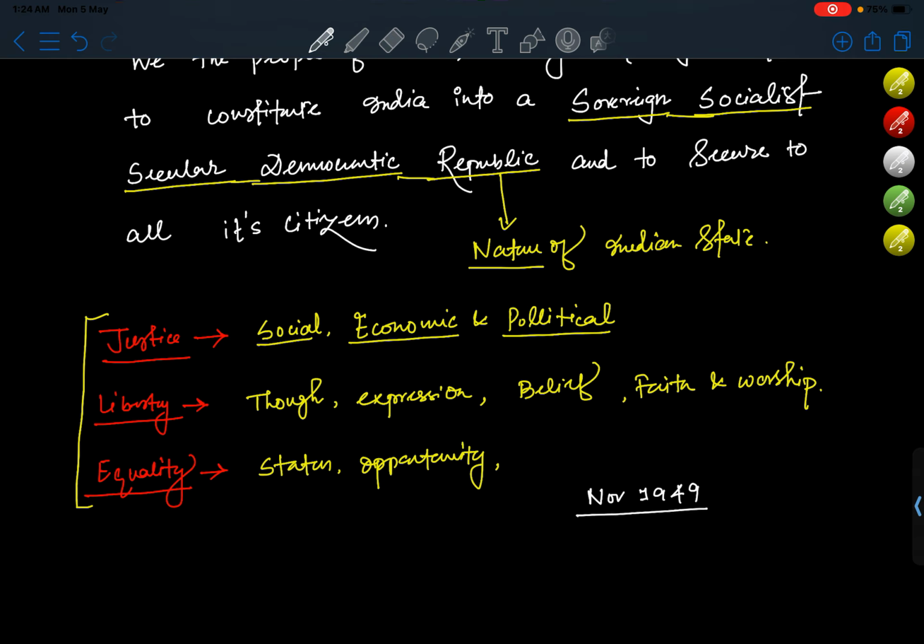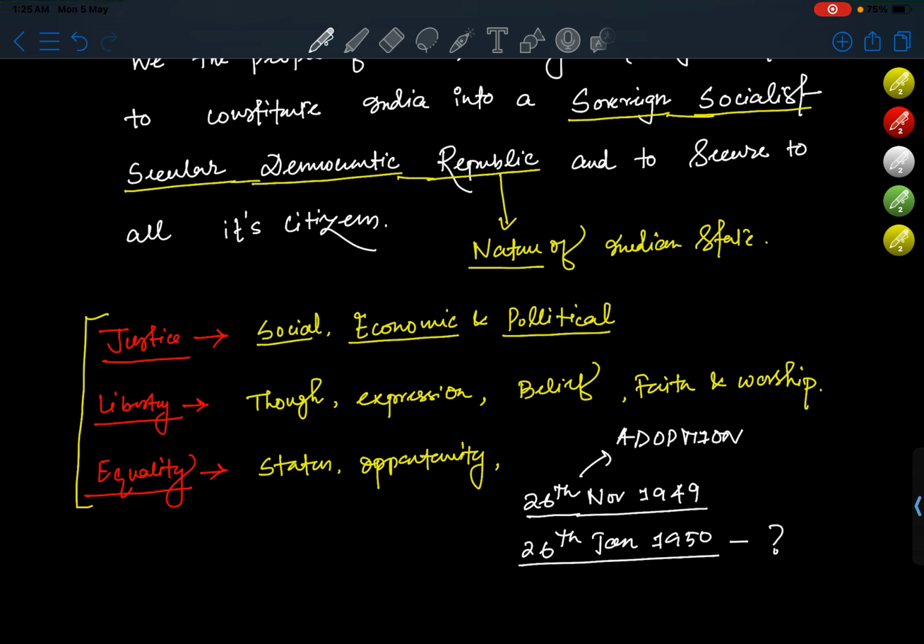And what is the date of 26th November 1949? It is the date of adoption of the constitution. Do let me know in the comment section, what is 26th January 1950 called? I already discussed it in the above section.